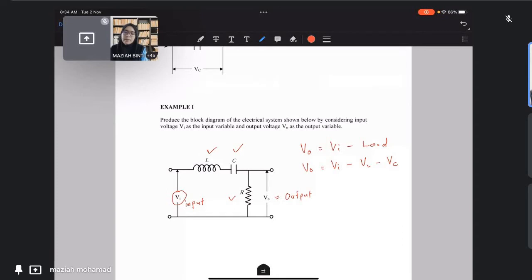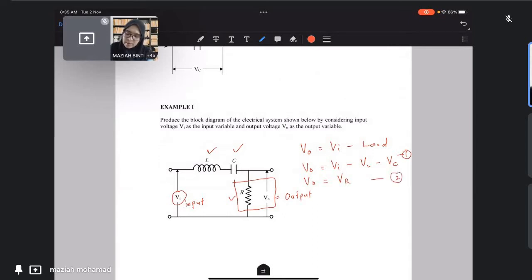And then we also know that V out is equal to VR, the voltage for the resistance. This one will become the first equation. This one is the second equation.